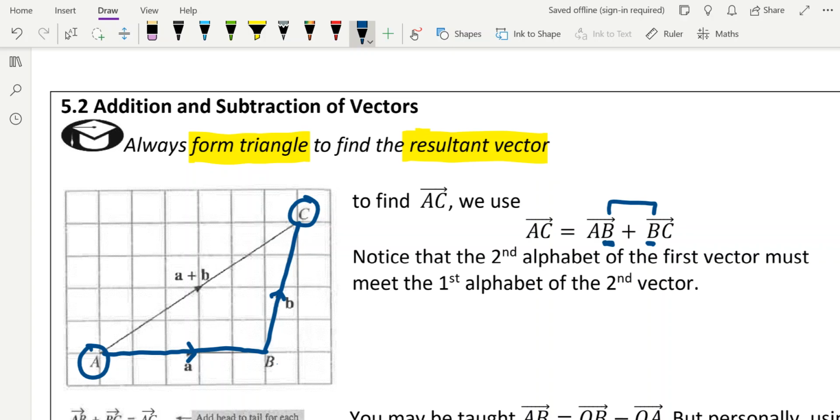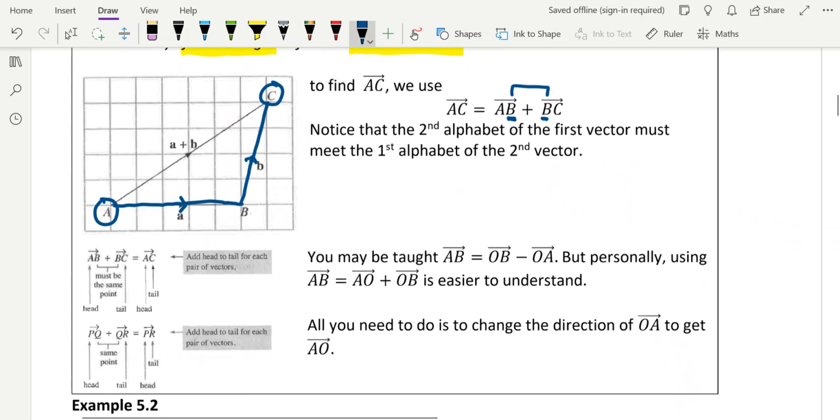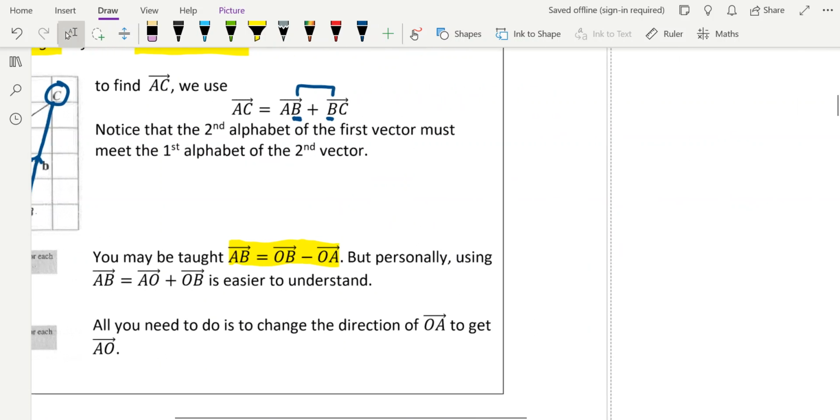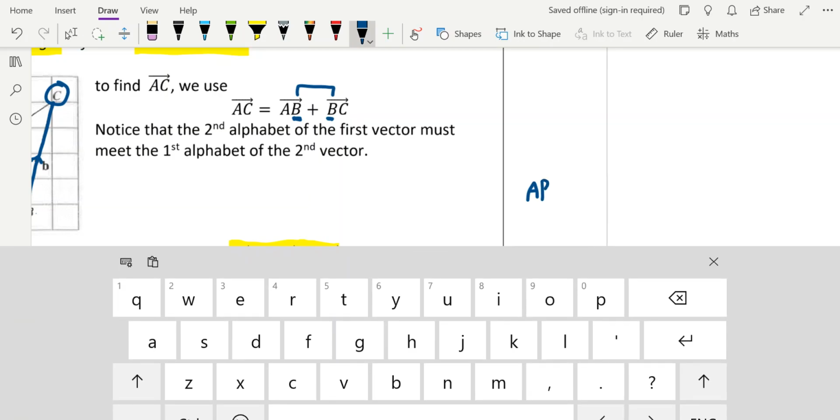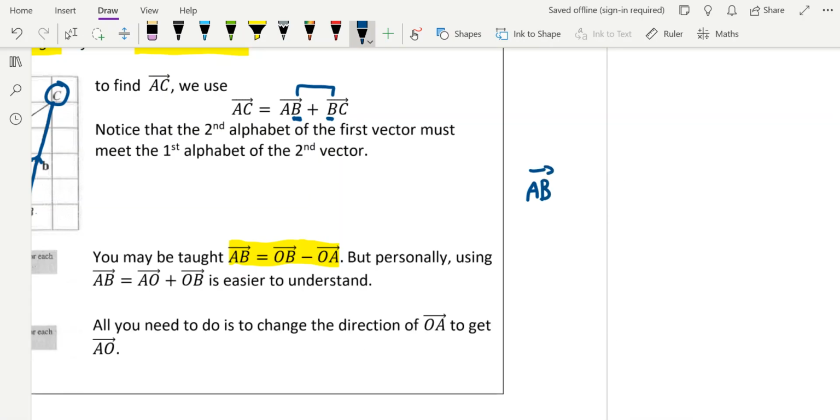I find that this is the easier way to find the resultant vector. Some of your schools will tell you that AB is equal to OB minus OA. Can. Essentially it's the same. But I prefer to say that AB is equal to AO plus OB. I prefer to use this. Now, sometimes you don't have AO, then you just flip it yourself.